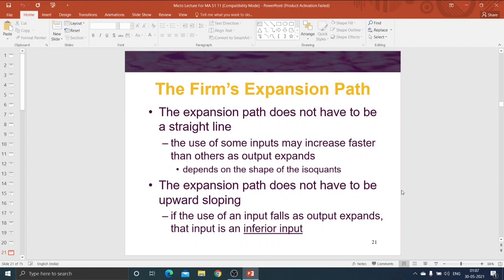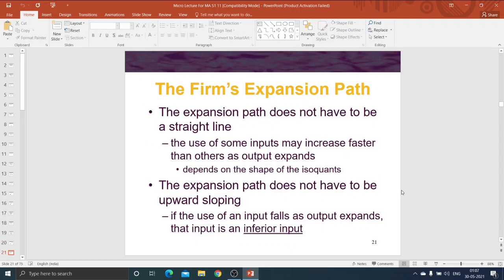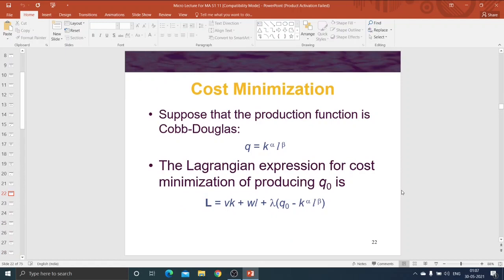The use of some inputs may increase faster than others as output expands, depending on the shape of the isoquant. So things are not going to be as normal as we think in the expansion. It can bend in any direction. The expansion path does not have to be upward sloping, if the use of an input falls as output expands. We have also discussed this part in the earlier lectures.